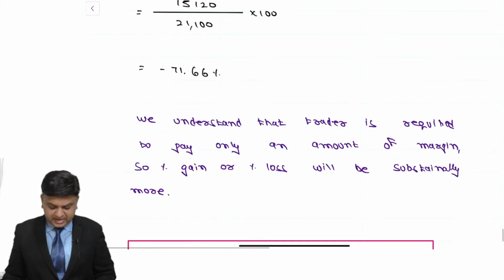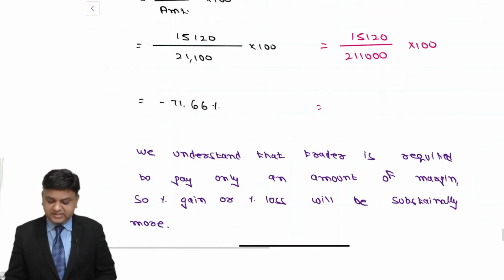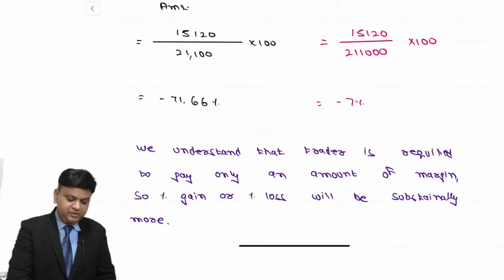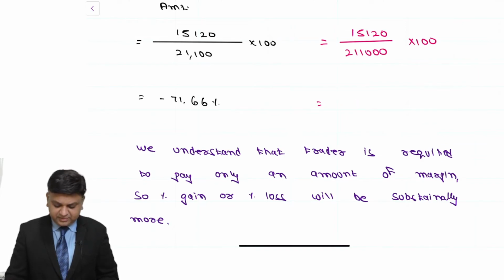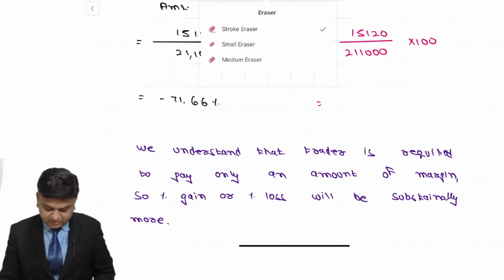Then I will be having a loss of 15,120 on investment of 2,11,000. So if you compute the answer in percentage terms, the loss will be 15,120 divided by 2,11,000 into 100. That comes to very near to 7%. Otherwise, it will be exactly 7% if we compute in terms of number of shares.